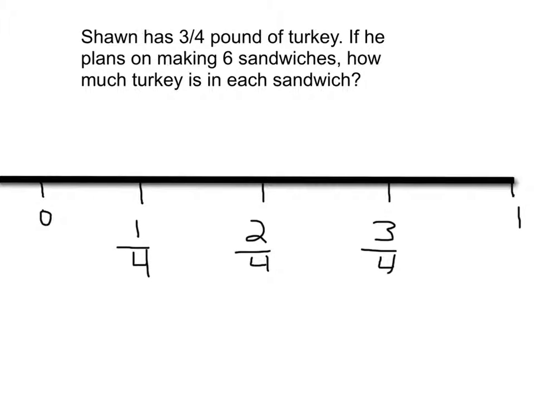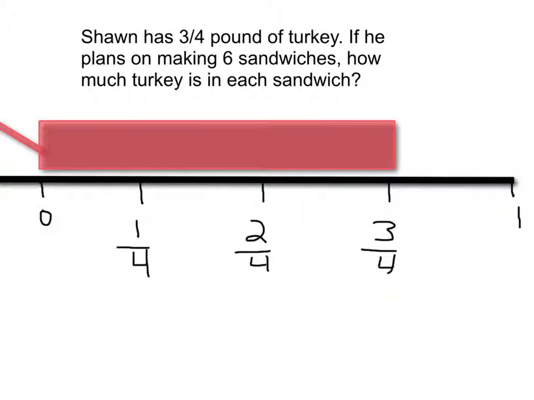So I'm going to represent that with a rectangle. So that's how much turkey I have. And that turkey I'm going to end up breaking into 6 sandwiches. So I've broken it up into 6 sandwiches, and I want to find out what fraction one of these sandwiches right over here, how much turkey does that represent?